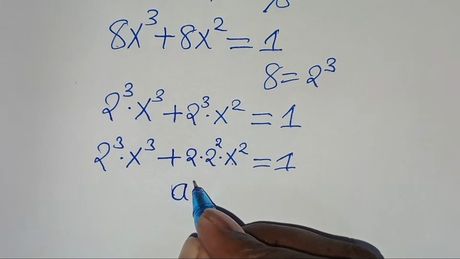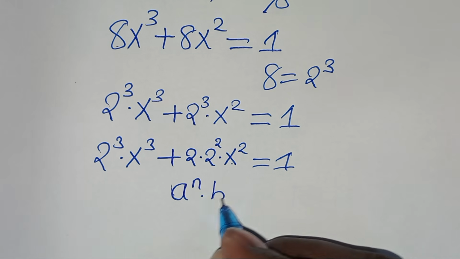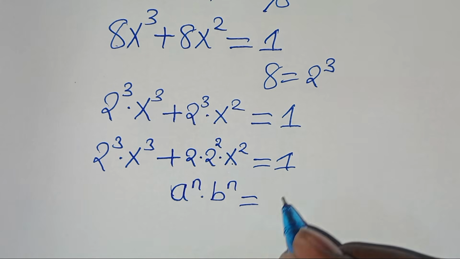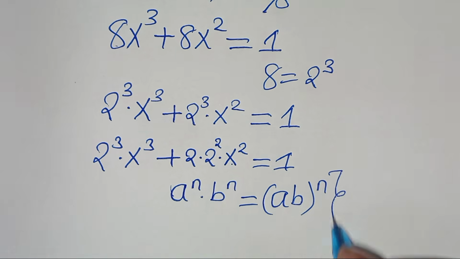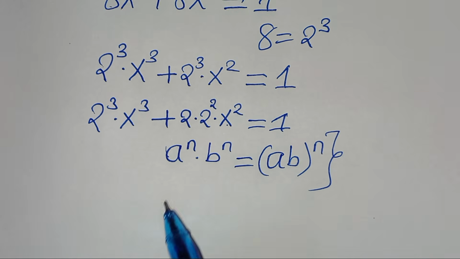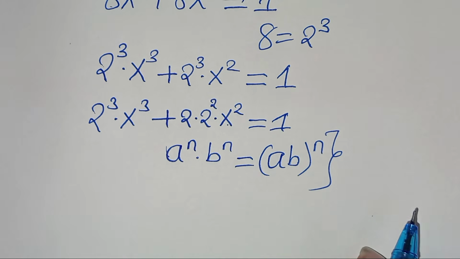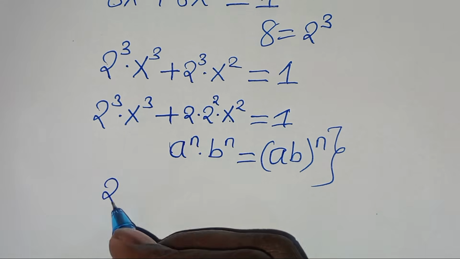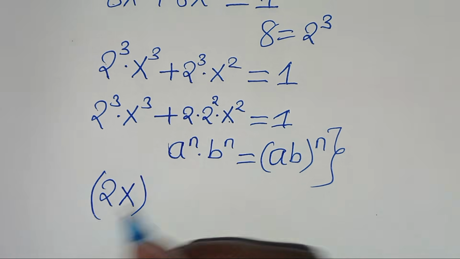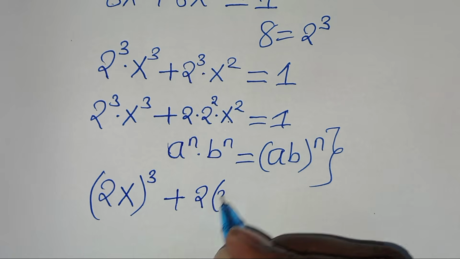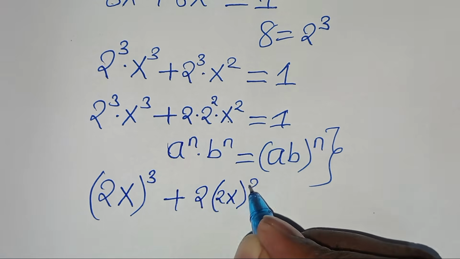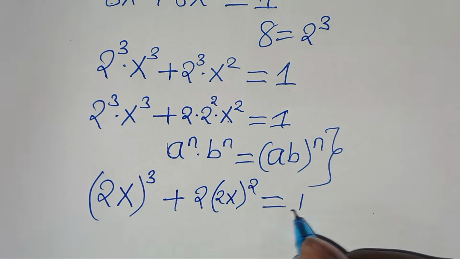This is in the form of a to the power of n times b to the power of n, which we can express as a times b raised to the power of n. Applying this exponent property, we have 2x raised to the power of 3, plus 2 times 2x raised to the power of 2, equal to 1.